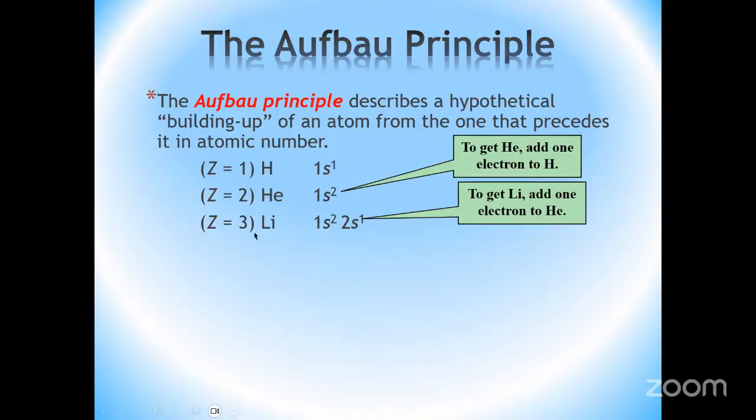Then when we get to lithium, to get from helium to lithium, we add 1 electron. That 1 electron cannot go into the 1s sublevel because it's filled already. So the next electron, the 3rd electron, must be added to the next higher sublevel, which would be the 2s sublevel. And therefore, the electronic configuration of that atom is 1s2, 2s1.